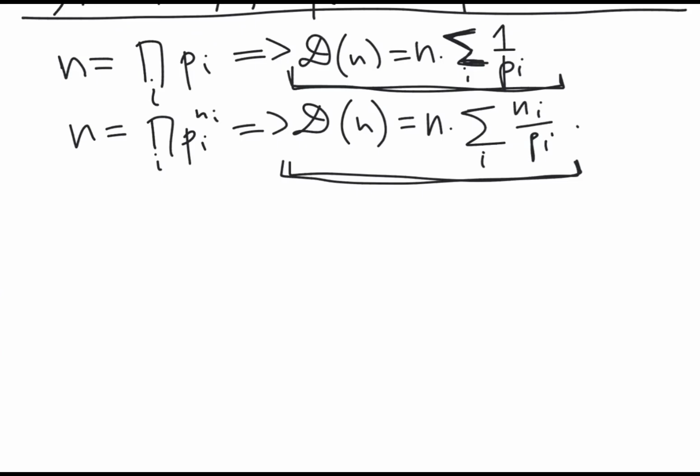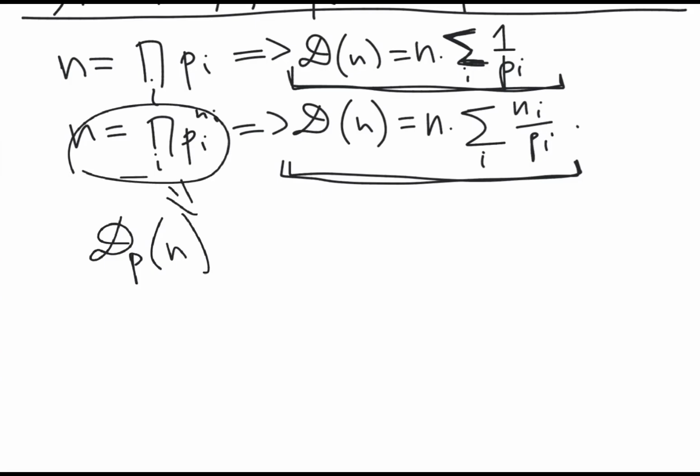So the partial derivative of n is equal to n multiplied by the sum of n_i over p_i, but not the sum over all i, only for those i such that p_i is equal to p.